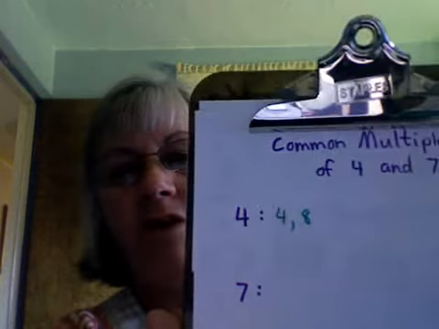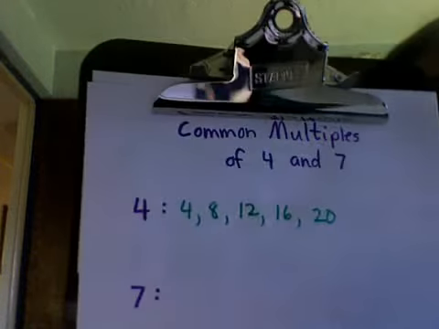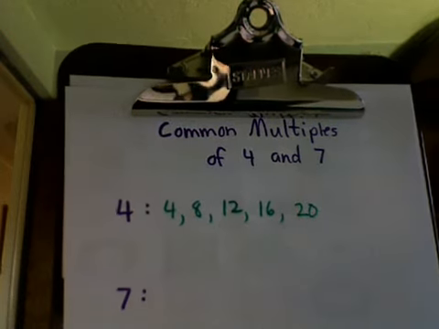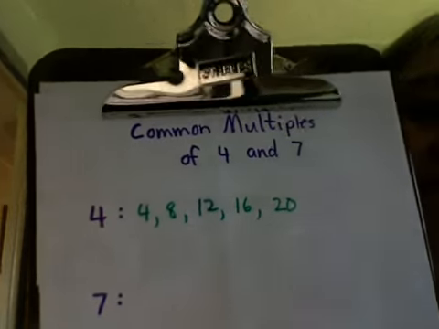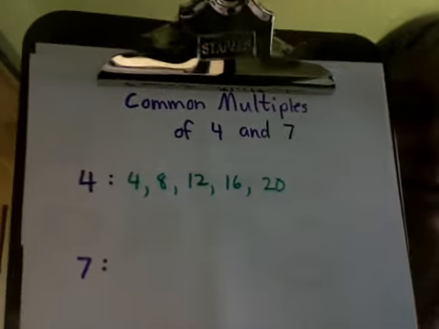So the first two multiples of 4 are 4, 8, and I'm sure you already know next is 12, then 16, 20. Sometimes when we're doing the list method, we don't know how long a list we're going to need, so I'll keep going a little ways more since we're not sure how many multiples we'll need.